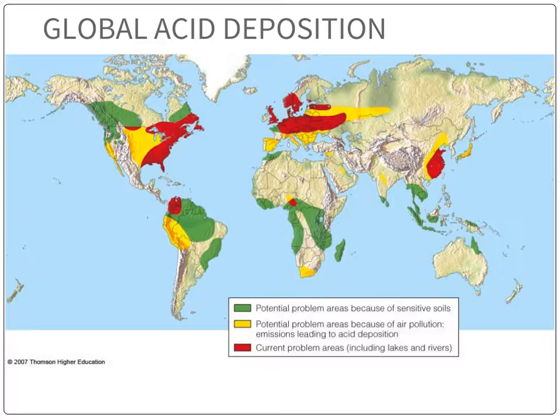Here, just a quick overview of the places that are more susceptible to acid deposition. You have to have the acid in the atmosphere and soils that are susceptible to them to really have the biggest problems.